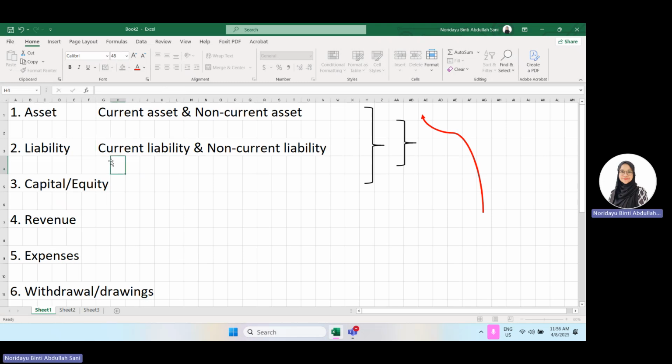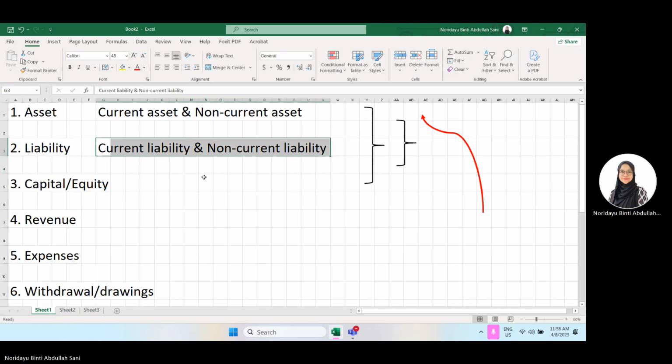When you talk about current liability, you have an amount owing that you should settle within 1 year. In accounting, we presume that the short term is within 1 year. More than 1 year is long term.